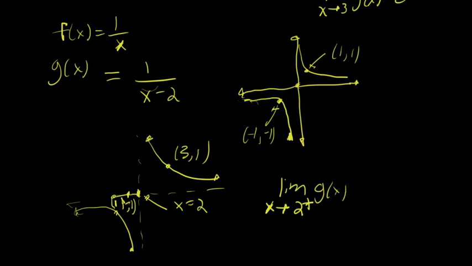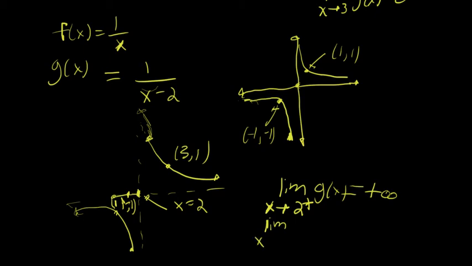That's this graph. So this is x equals 2. As we get closer and closer to x equals 2, coming in from the right, g of x is going to get bigger and bigger, and we can say that's plus infinity.